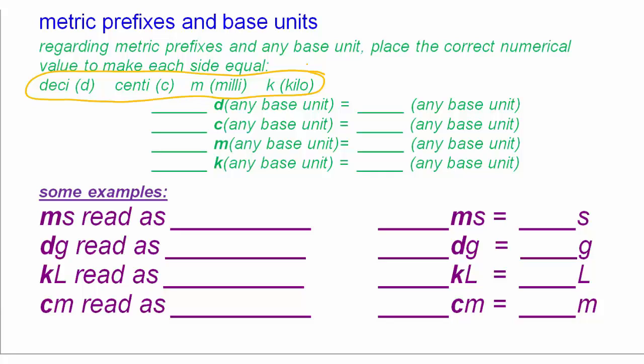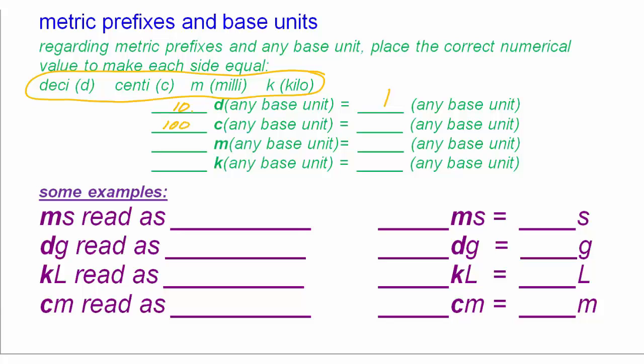So if we want to make numerical equivalencies between these prefixes and their base unit, where do you put the numbers? Well, 10 deci of anything is 1 of that thing. So 10 decigrams would be 1 gram. 10 deciliters would be 1 liter. Centi, you need 100 of them.